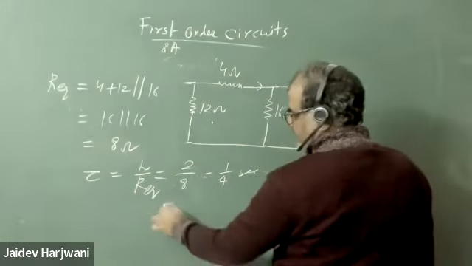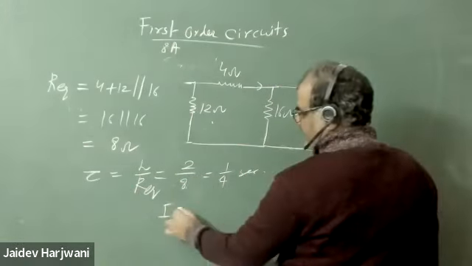So you can write my I will be 6 e power minus t upon 1 by 4, that is 6 e power minus 4t ampere.